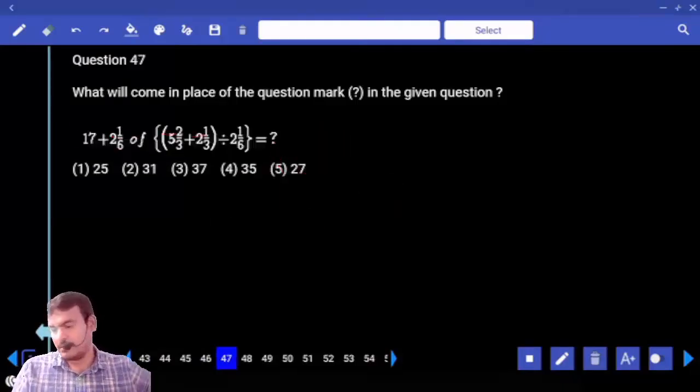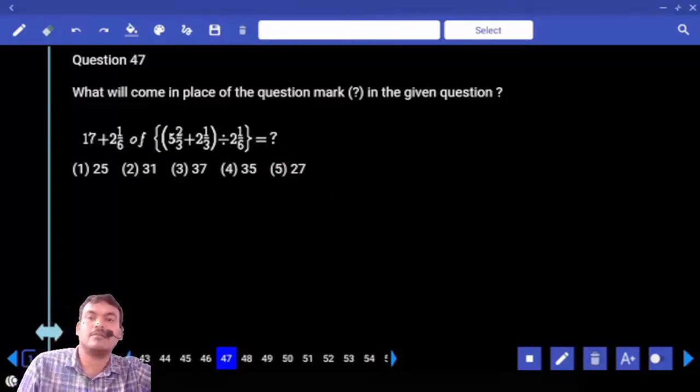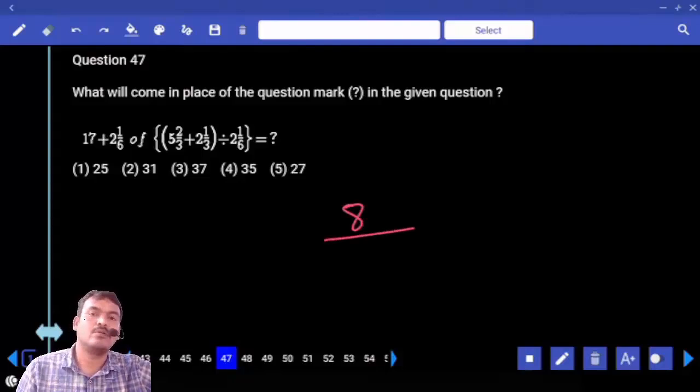Next, question number 47. What is the first priority bracket value, or not? Okay. 5 2 by 3 plus 2 1 by 3. 8, or not? 8, divided by how much value? 2 1 by 6. 2 1 by 6 means 13 by 6. Then we write 8 by 13 into 6, or not?